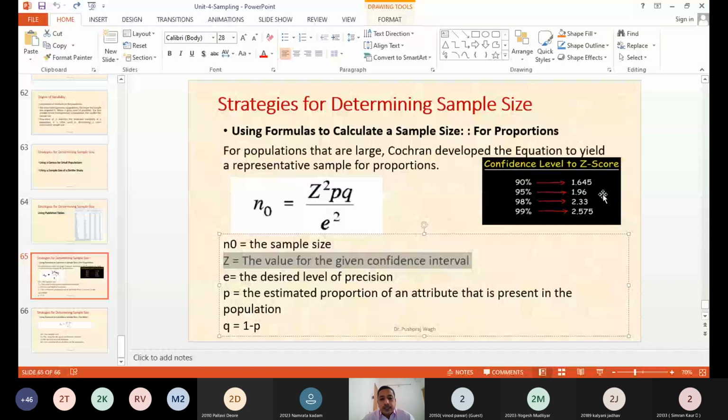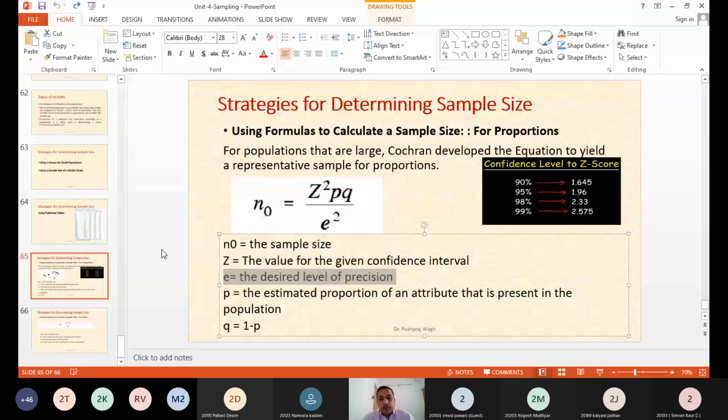E is the desired level of precision. The precision level we saw may be plus 5 to minus 5. If we have selected plus or minus 5 percent, then to convert it into decimals we can have 5 divided by 100, that is 0.05, as the value of E. Then we have P in this equation.